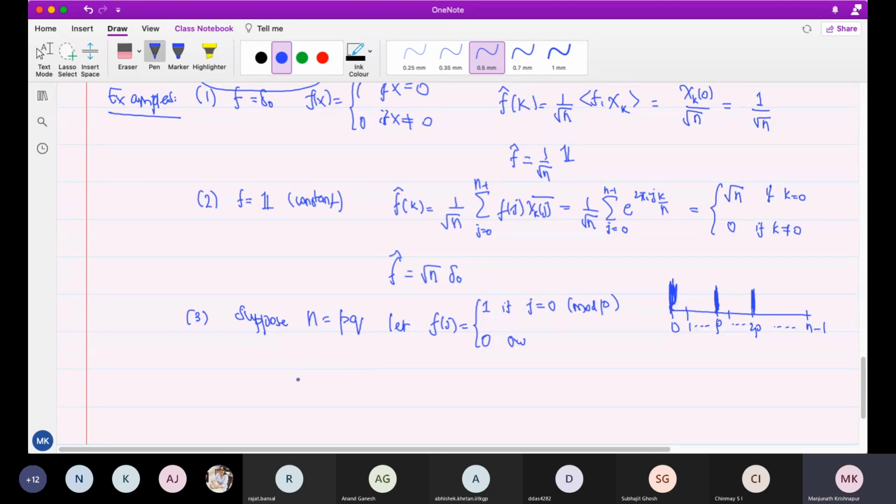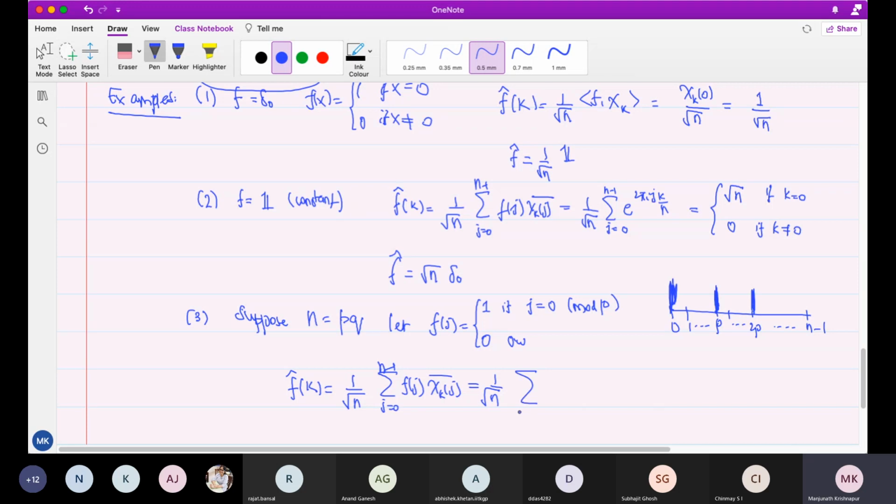What is its Fourier transform? The sum over j equals 0 to n minus 1 of f of j, chi k of j bar. I will stop writing this again and again. This is the definition of f hat of k, but now f is 0 unless you are 0 mod p. So what do I get?